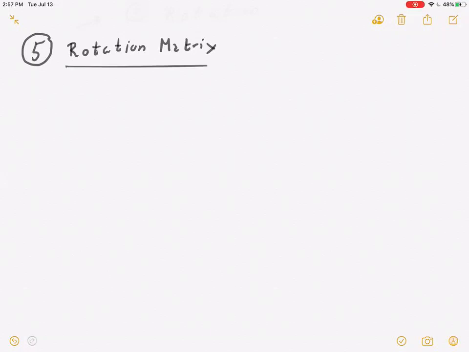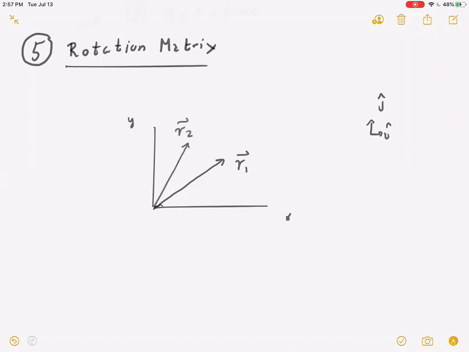So let's look at this in 2 dimensions, R2. Here are my unit vectors, I hat and J hat. So what my rotation matrix is going to do is, suppose I have a vector R sub 1 that looks like that. And suppose I want to rotate this vector so that I get a new vector, R sub 2.